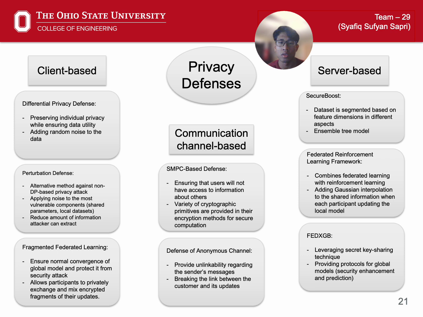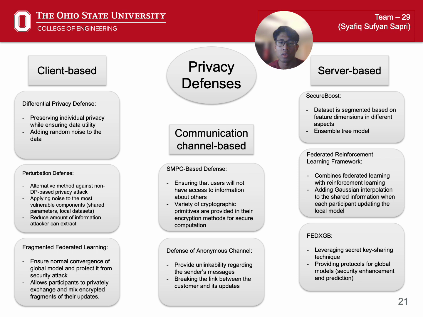And for the last category of the privacy defense, which is the server-based, we start with SecureBoost. This is when the dataset is segmented based on feature dimensions in different aspects. This assembles a tree model. And the second one for the server-based is the federated reinforcement learning framework.